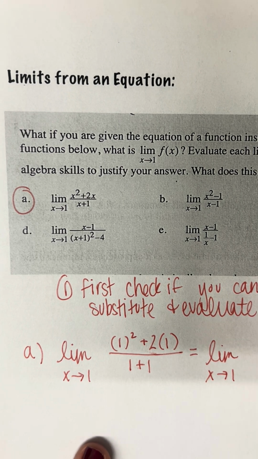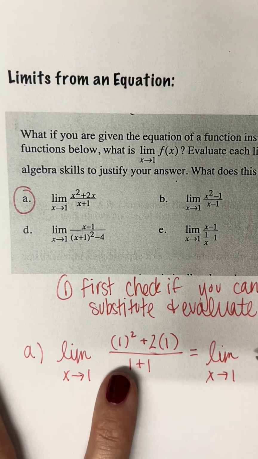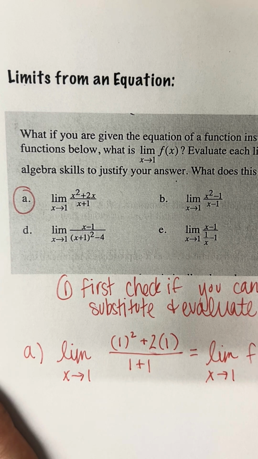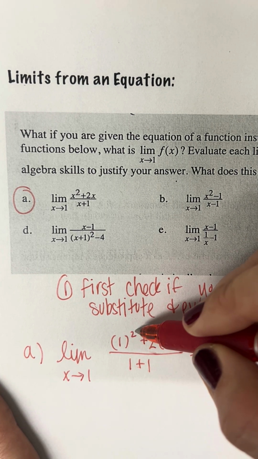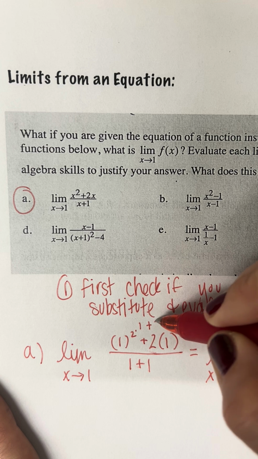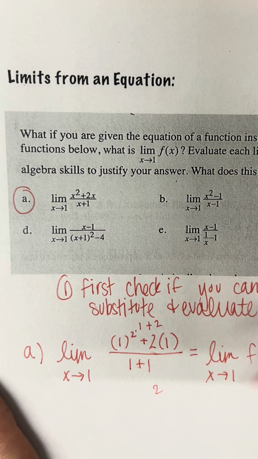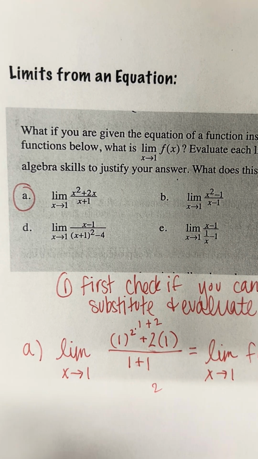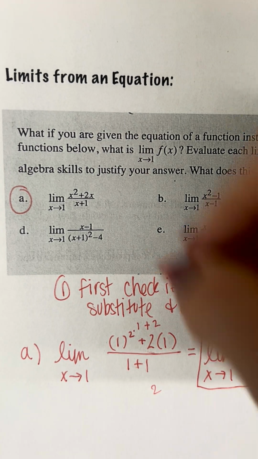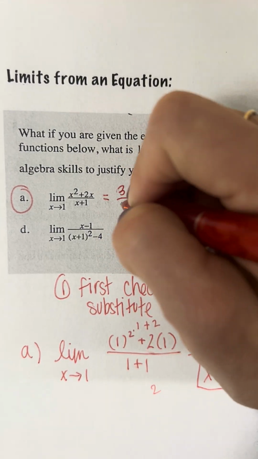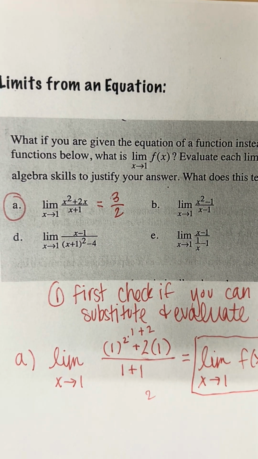And then, let's see, what would I get here? So 1 squared is 1 plus 2 over 2, so 3 over 2, and that would be your answer there, okay? So I'm going to put an equal sign, 3 halves. So that one's super easy, direct substitution and done, okay?